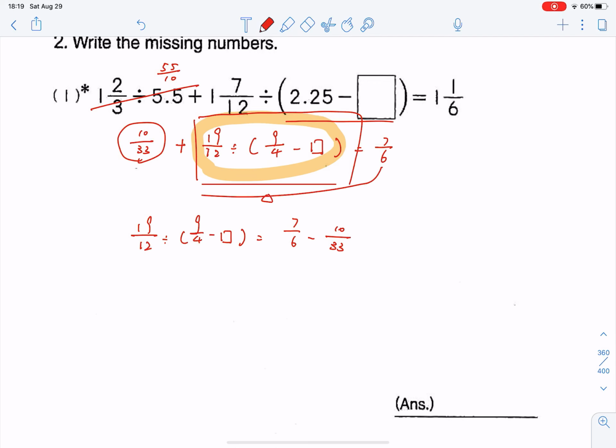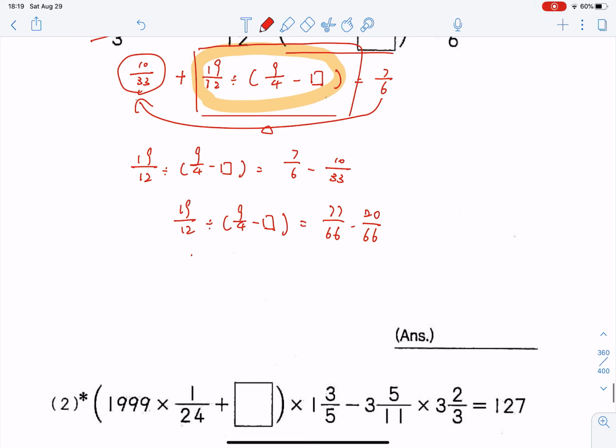Use that to minus that and see if I can get something. 19 over 12 divided by (9 over 4 minus the box) is equal to, so 66, 77 minus 20, okay, let's go one step further, 57 over 66.